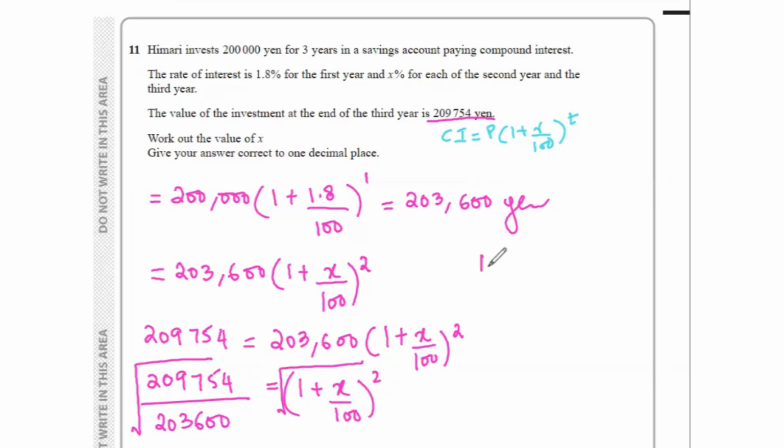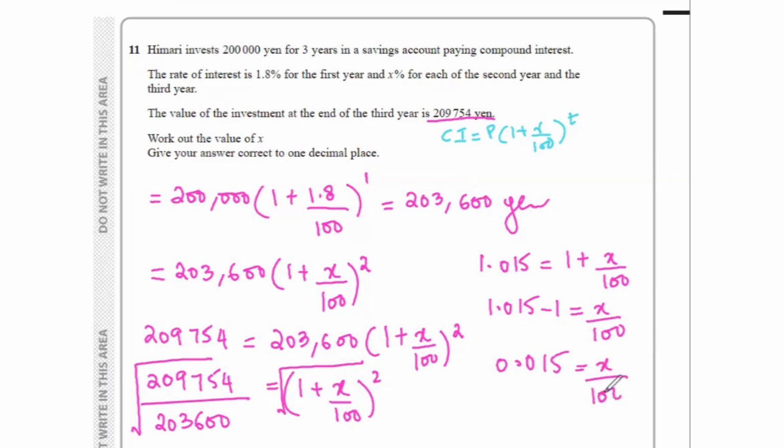That gives us 1.015 equals 1 plus X over 100. Then 1.015 minus 1 equals X over 100, which is 0.015 equals X over 100. Cross multiply, that gives us 1.5 equals X. That's the value of X correct to one decimal place.